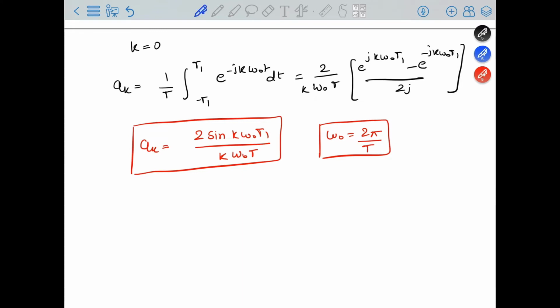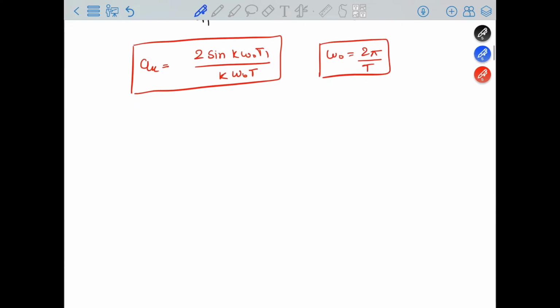Our envelope function will be of the form 2 sin(omega T1) by omega, and we will take samples at every k omega naught, which will be represented by T a_k.